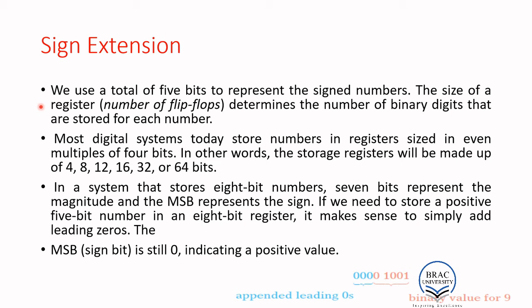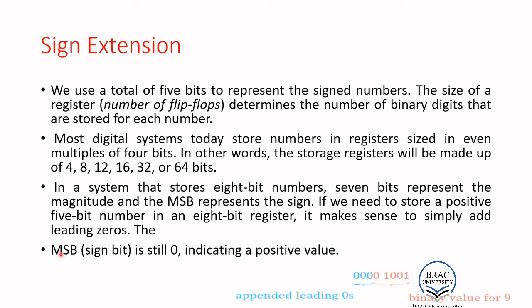In other words, the storage register will be made up of 4, 8, 12, 16, 32, or 64 bits. In a system that stores 8-bit numbers, 7 bits represent the magnitude and the MSB represents the sign bit. If you want to store a positive 5-bit number in an 8-bit register, it makes sense to simply add leading zeros.